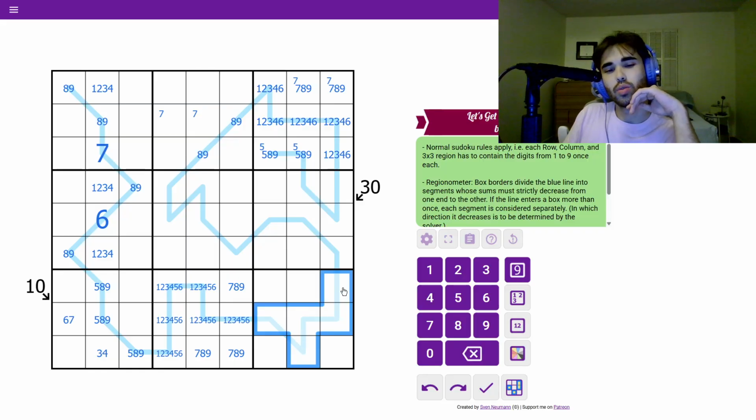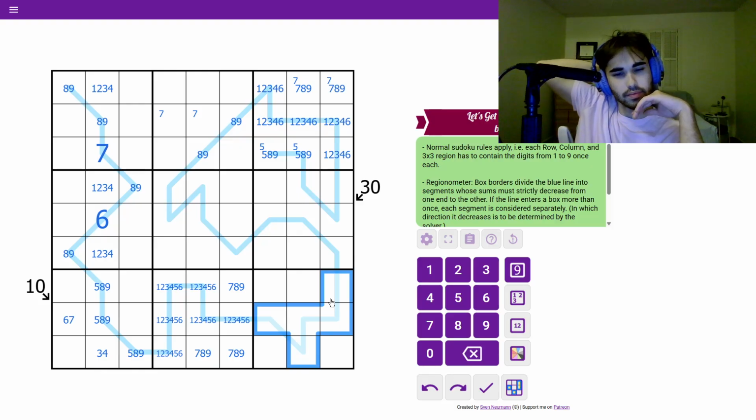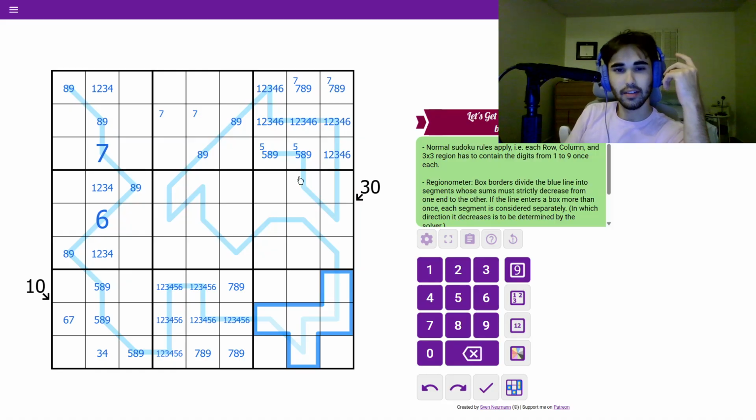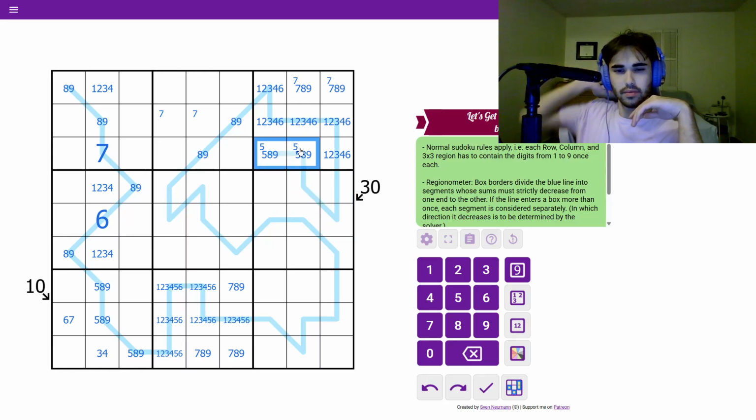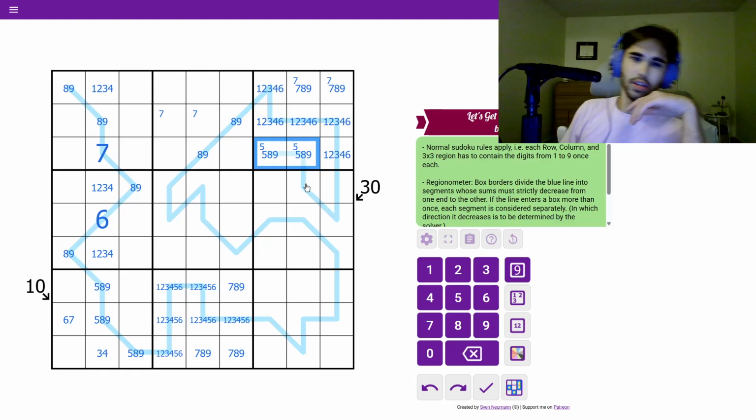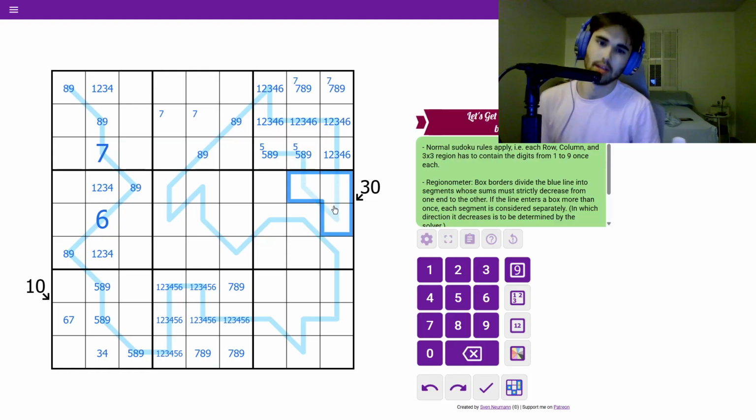21, 20. 20 and 5 cells is not very good. I feel like it's this. So 16, 15, 14 or 13, 16, 14, and then you could go 13. 13 or 14, 14 or 15.